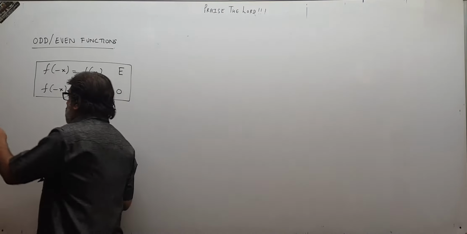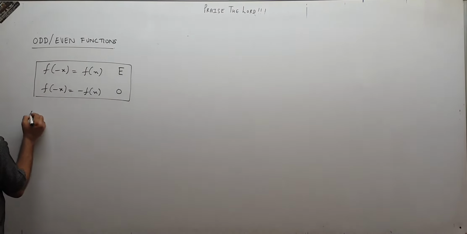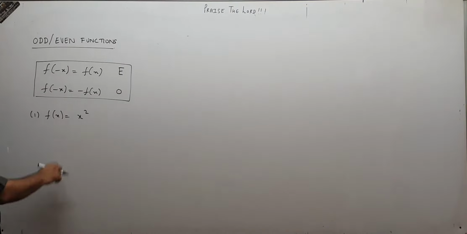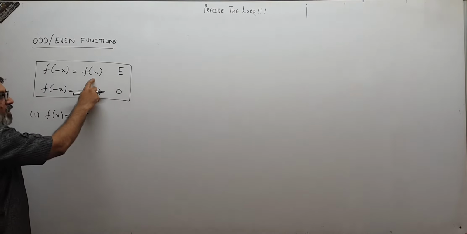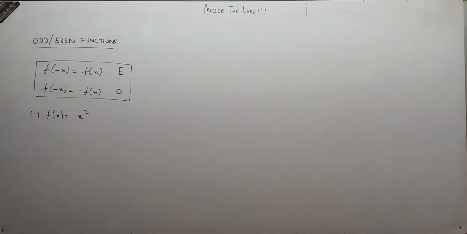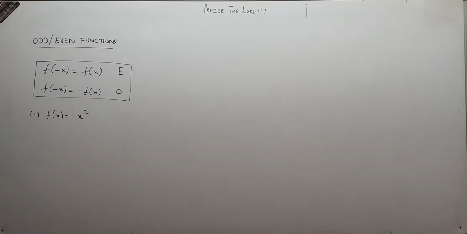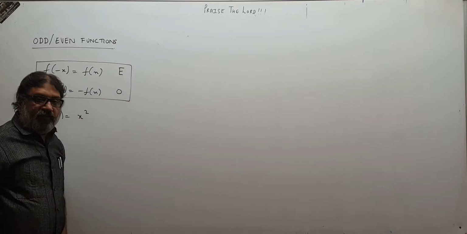Now children, take one example. Supposing I am having f(x) equal to x square. If f(-x) is f(x), then it will be an even function. And if f(-x) is -f(x), it will be an odd function. And if f(-x) is neither this nor this, then it will be neither even nor odd.